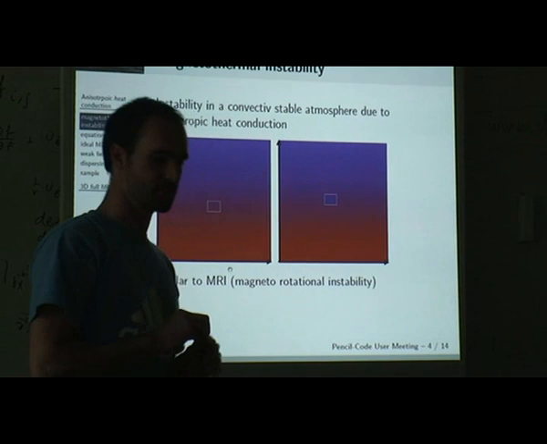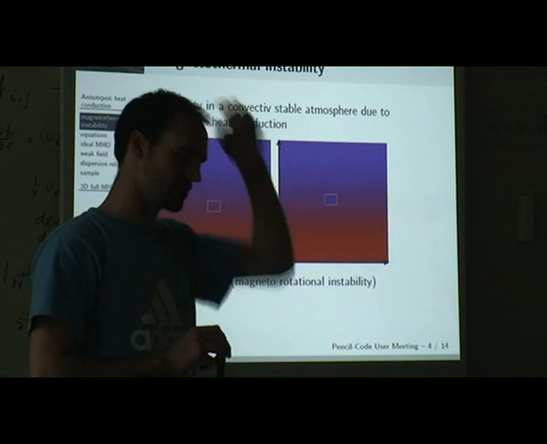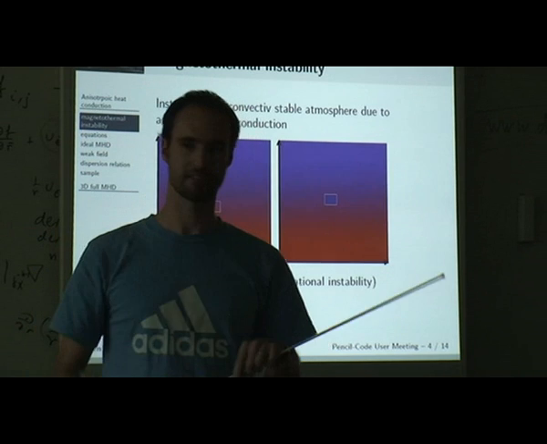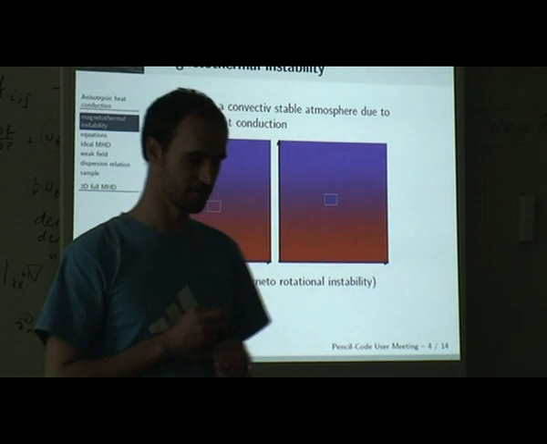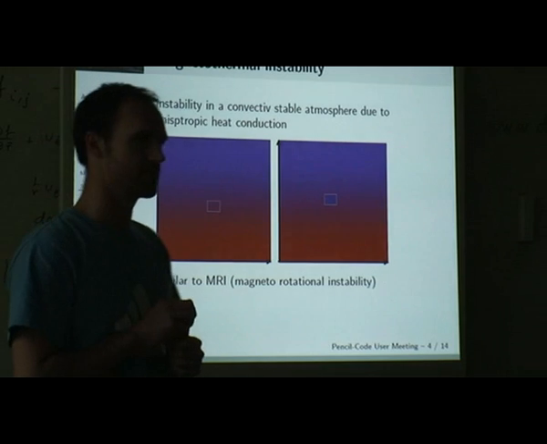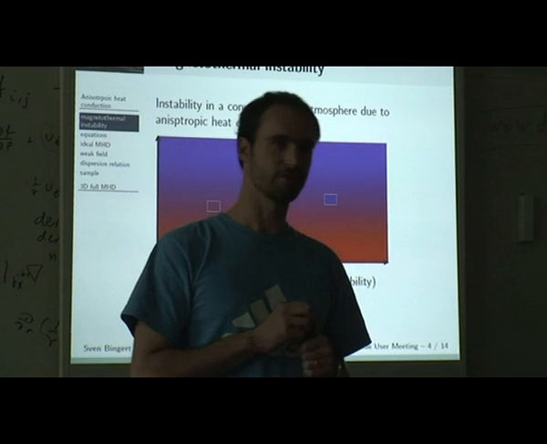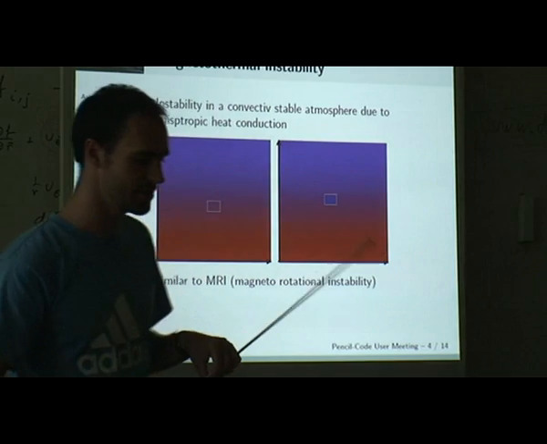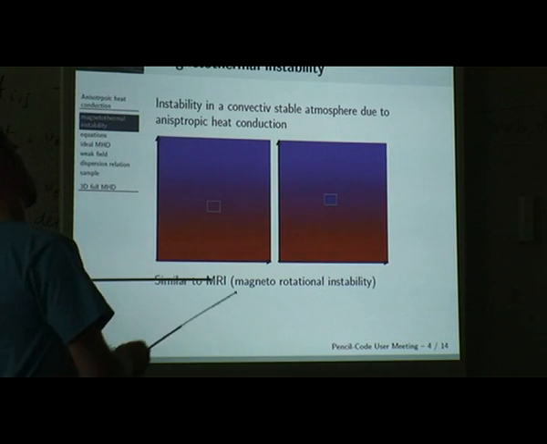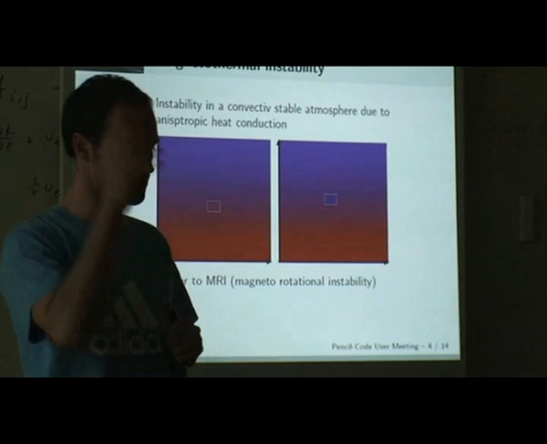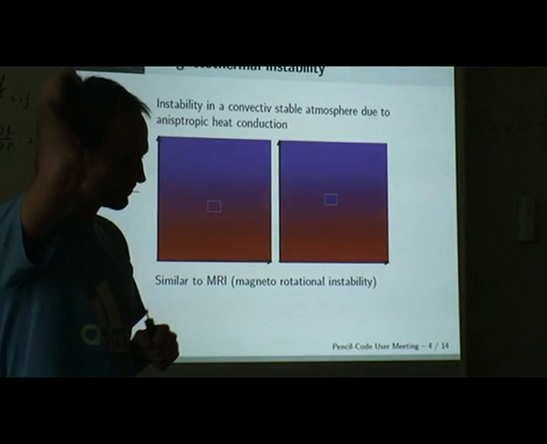And the next step is, okay, let's think about some physics which goes on. Last time I was here, I had the idea of doing something with the magnetothermal instability. This instability only works if you have this anisotropic heat transport. It is similar to the magnetorotational instability, so if you write down the formulas, it looks very similar.